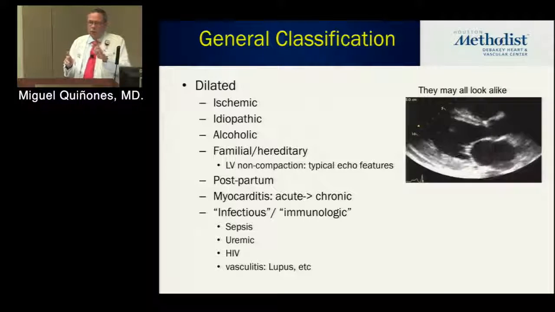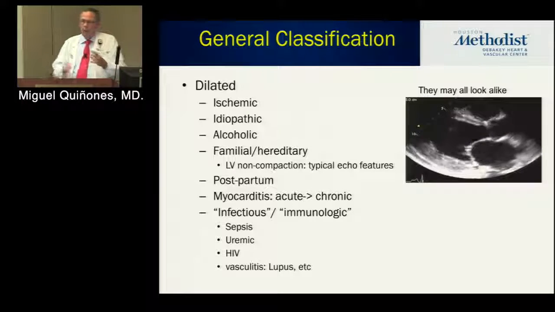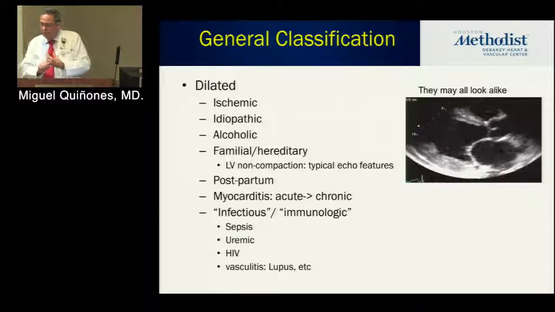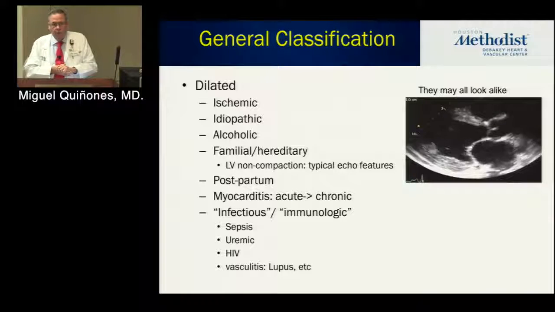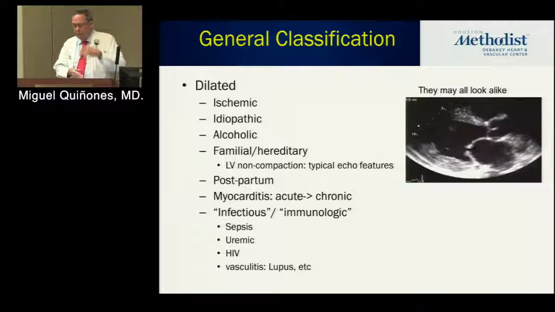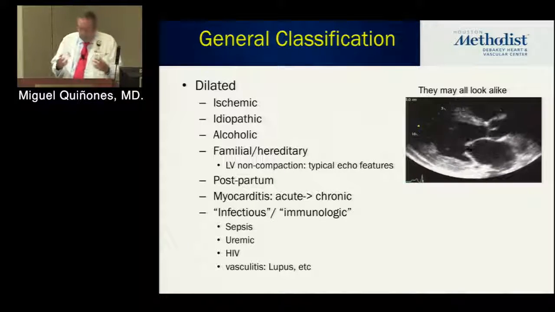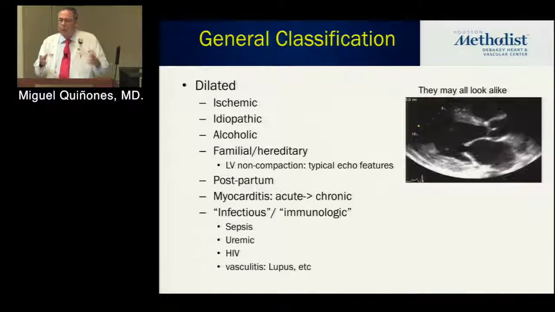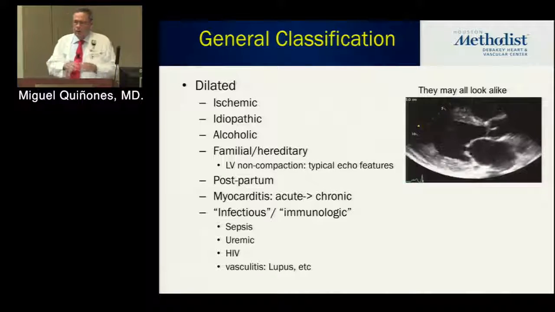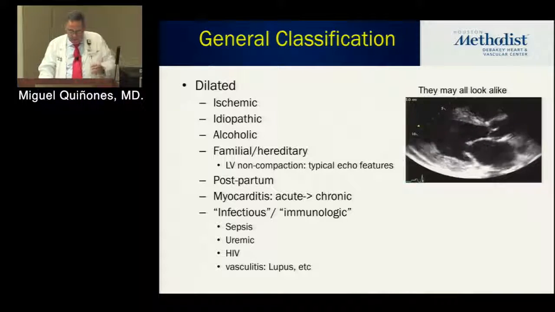So the common situations where we see real shifts in EF are sepsis, renal patients, related to dialysis, and then, of course, acute MI that comes in that gets stented and gets better, Takotsubo that gets better, or acute myocarditis that gets better. But in the acute setting, there are not that many conditions that within a week are going to get better. Most of the cardiomyopathies get better over 6 months, not over a week.